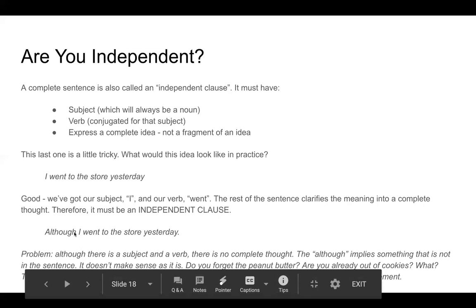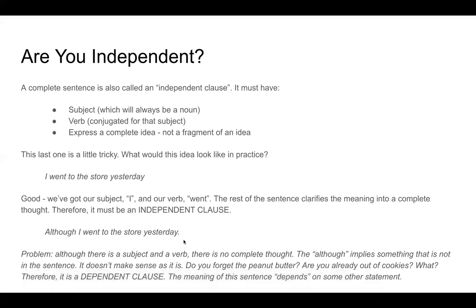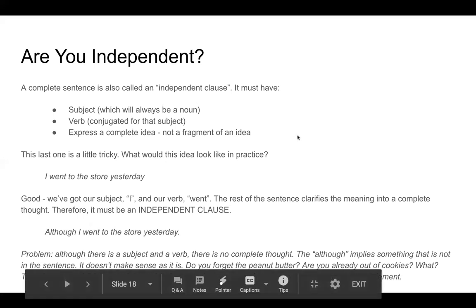Add a subordinating conjunction like although, and you have "although I went to the store yesterday." You eliminated the complete thought out of that whole thing. So therefore this becomes a dependent clause because it depends on some other idea that's not in there. It can't stand on its own. So it either needs to be incorporated into part of another sentence, such as "although I went to the store yesterday, I am still out of cookies." Now that depends, "although I went to the store," on the rest of that other independent clause that follows it. So that's what we mean by subordinating conjunctions and independent and dependent clauses.